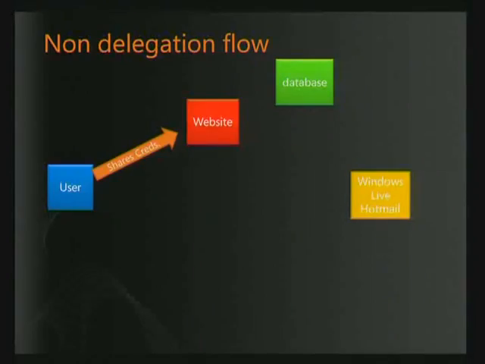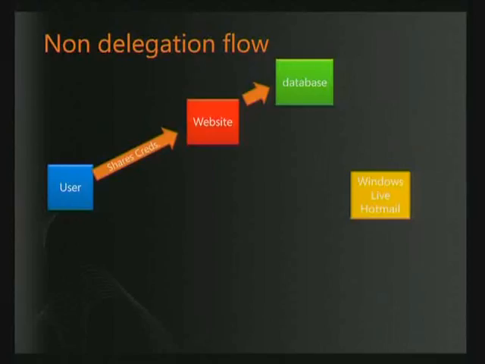So a user ends up giving their Live ID credentials to that website. So you're on whatever website, you type in your Live ID username and your Live ID password, and you're giving them your credentials. Then they go and stick it in a database. So when you add new friends, they can make sure that they get that friend to invite to your social network or to make sure that you're connected with them.